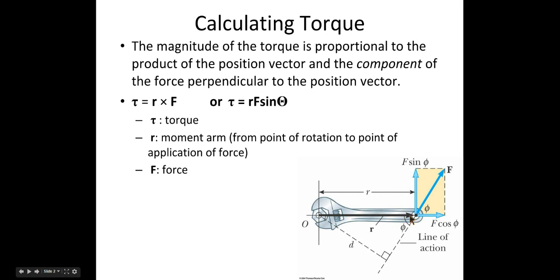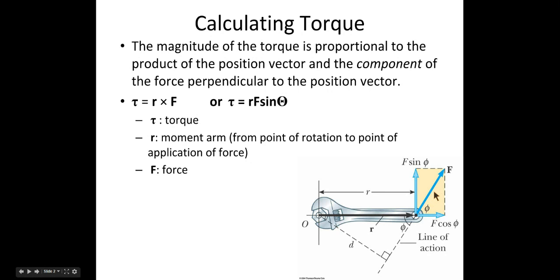All the position vector is the distance from the hinge, the rotational axis right there, from that point to there. So we call that the r vector, or the moment arm, or the position vector. We take that value, we multiply it times the component of the force that is perpendicular to the position vector.